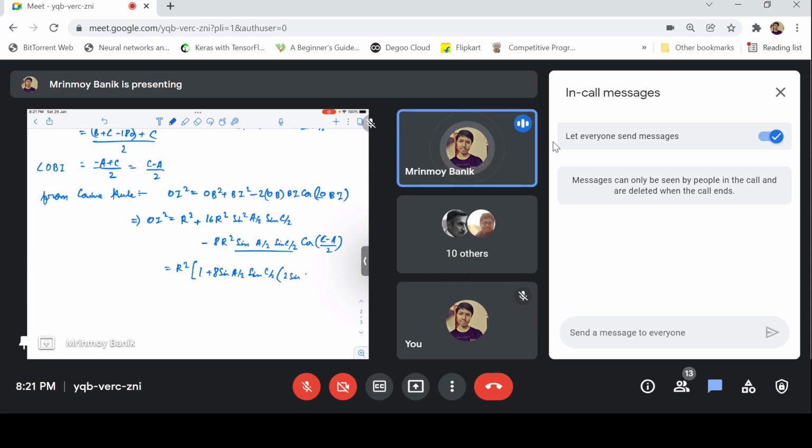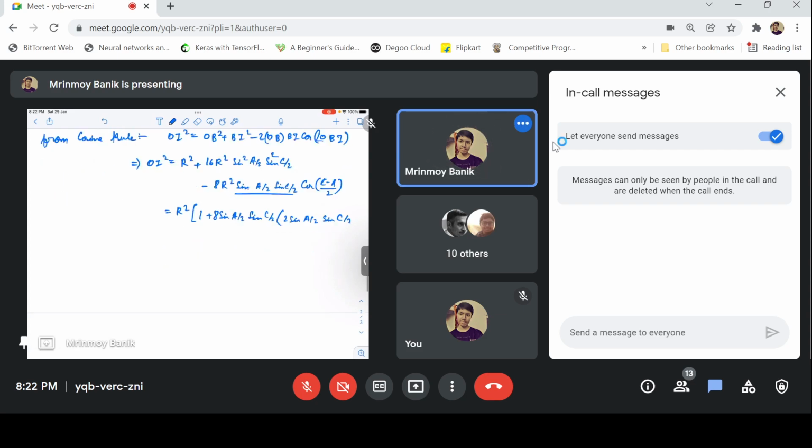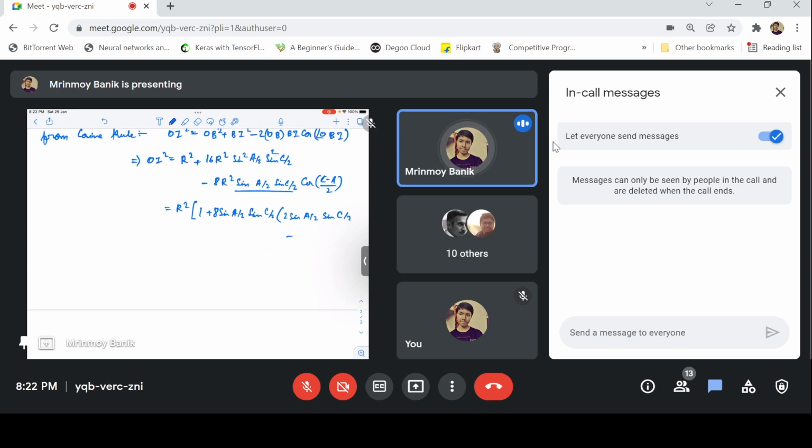So twice sine A by 2 sine C by 2 and minus cos of (C minus A) by 2. This is equal to R squared plus 8 sine A by 2 sine C by 2.